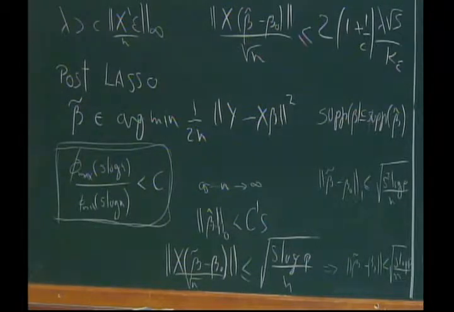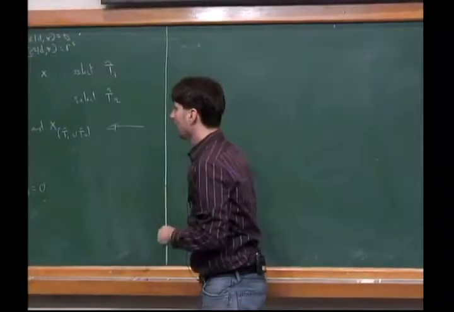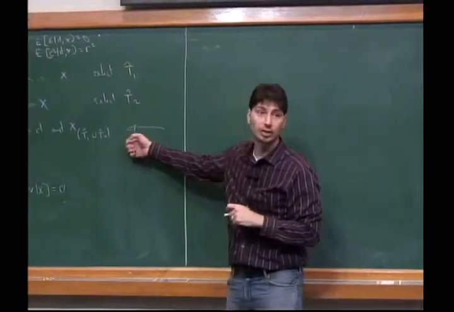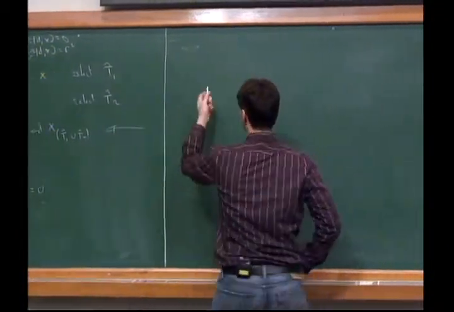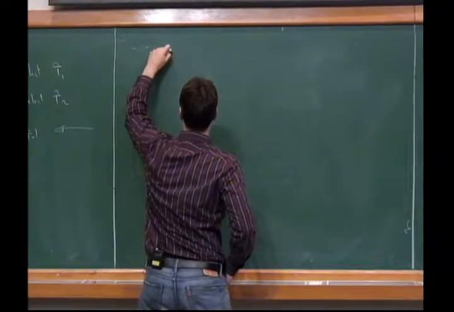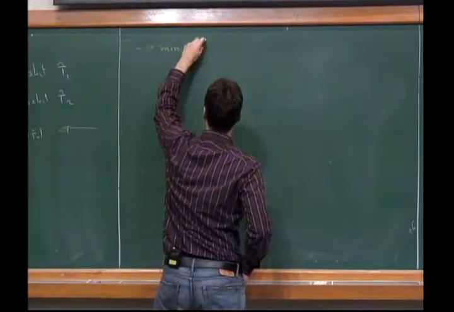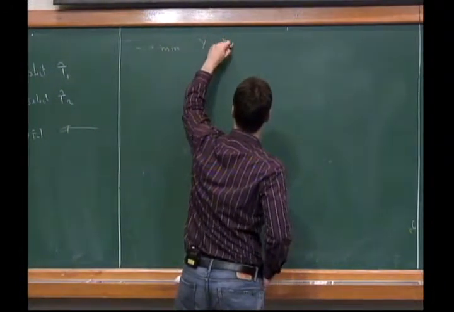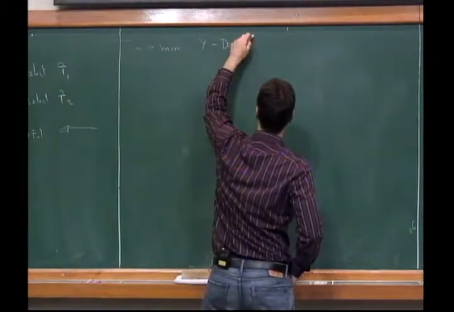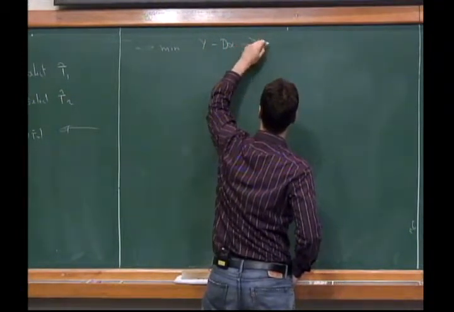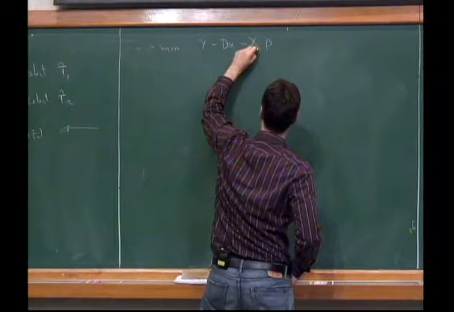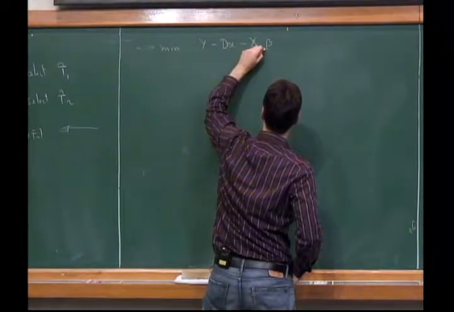The way I'm going to try to study this is to look at this model and look at the first order conditions of the last step. So the last step is just minimizing y minus d alpha minus x beta, but x only on the support T hat 1, T hat 2.